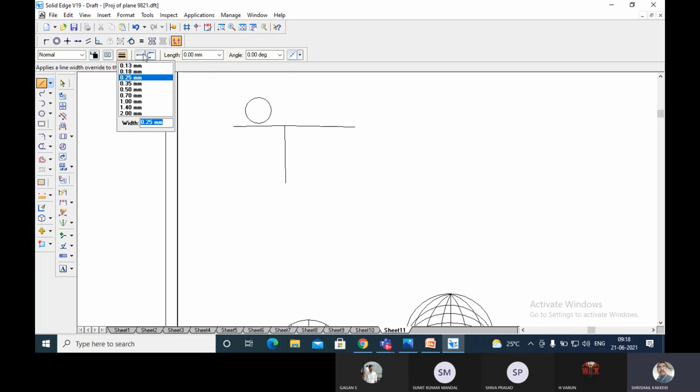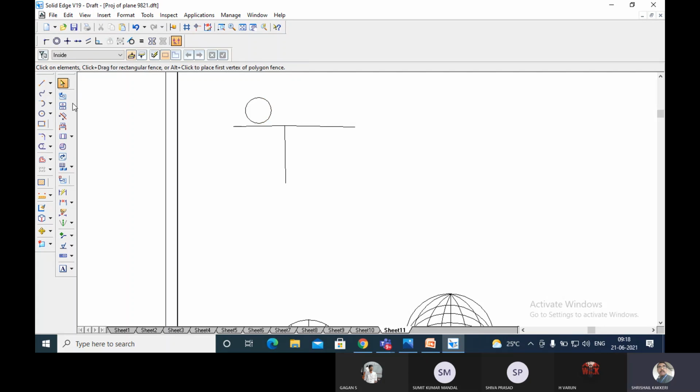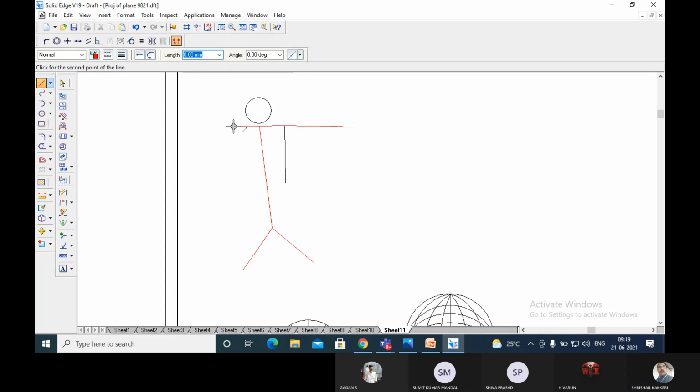Look here, this is when the arm is extended. This is a person, and you can carry the weight, whatever it is, 60 kg or 70 kg. Is it possible to carry a load of 60 kg by extending your arm horizontally?